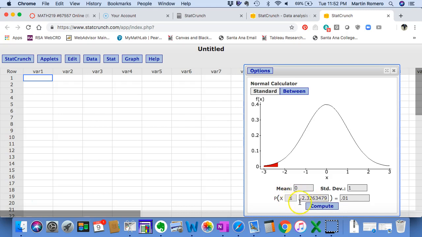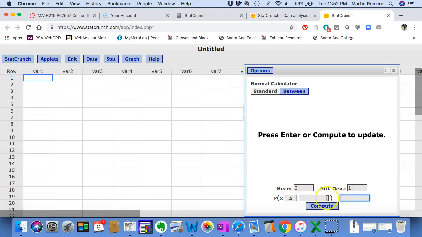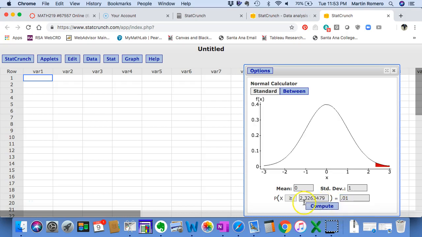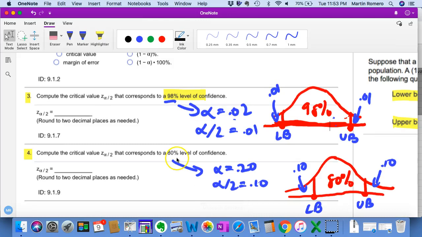And notice, you need the greater than sign. The critical values are on the positive side, 0.01. So you notice that we get a critical value of 2.33 right here.